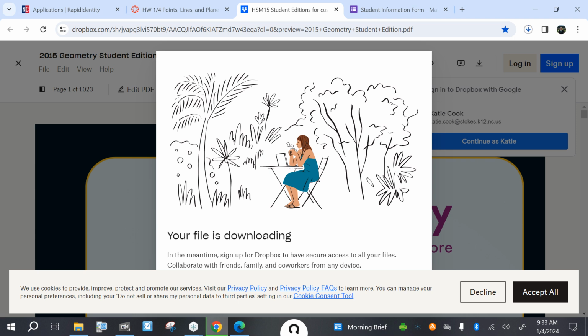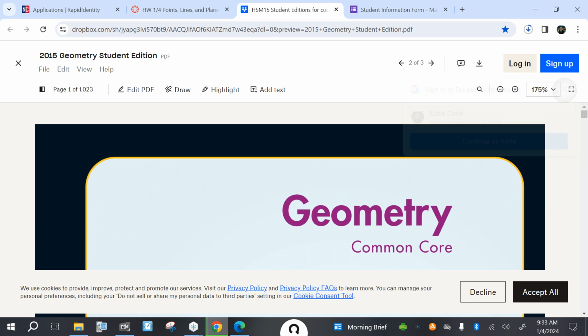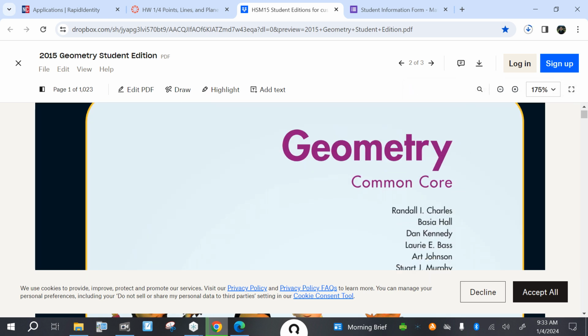Because what if something happens and your power goes out? Then you won't have your textbook to look at. So make sure that you download this textbook, okay? Make sure it also says geometry, because sometimes if you click this back button back here, it goes into a different book. Yeah, this one does have 1,000 pages in it.